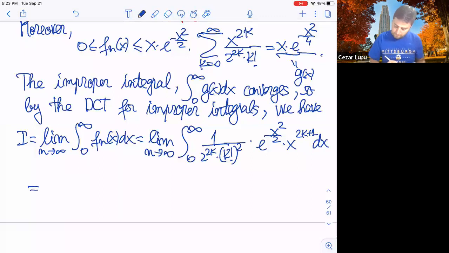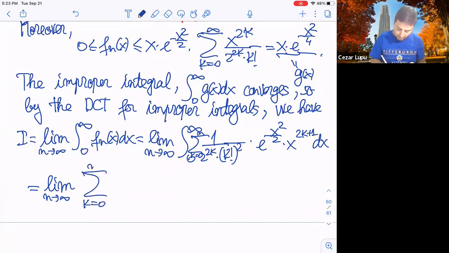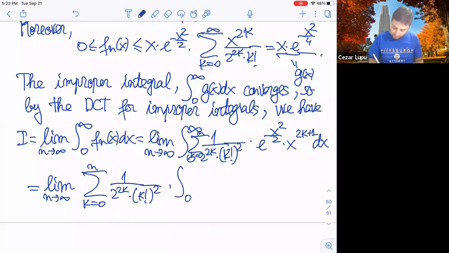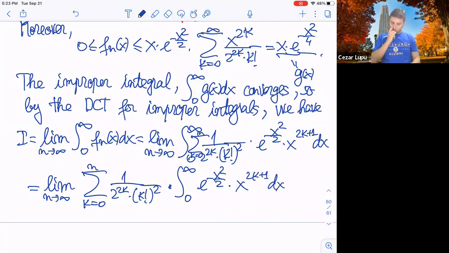So this would be the limit as n approaches infinity of, I think I forgot the sum here. Yeah, this is the sum. Oh man, I made a mess of this, but anyway, I think we can make it work. Times the integral from 0 to infinity of e to the negative x squared over 2 x to the 2k plus 1 dx. All right.